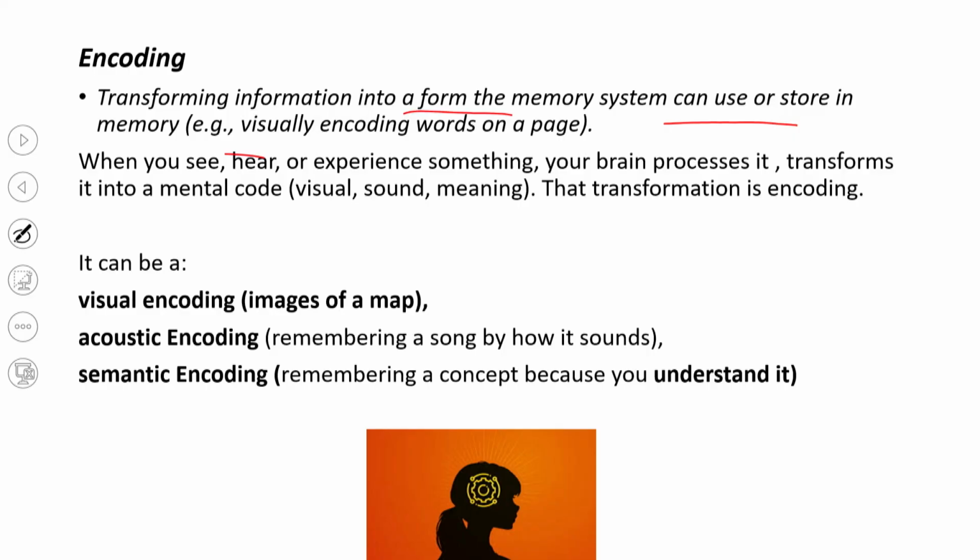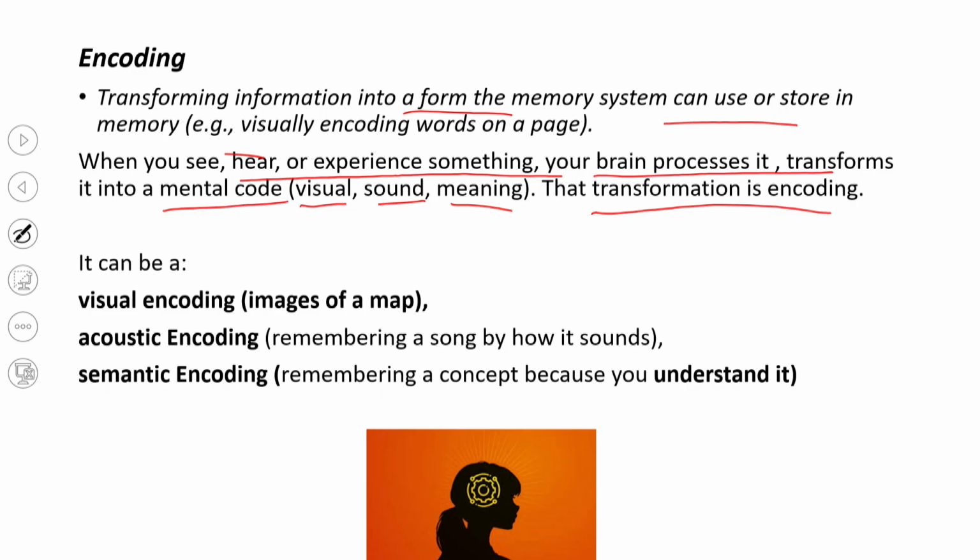When we see, hear and experience something, our brain processes it and transforms it into a certain mental code so that it can be stored. For example, it could store information in terms of visual, sound or meaning. That transformation is encoding.